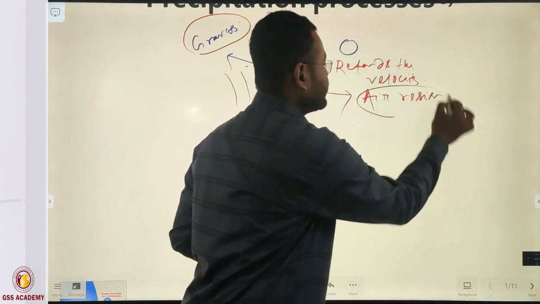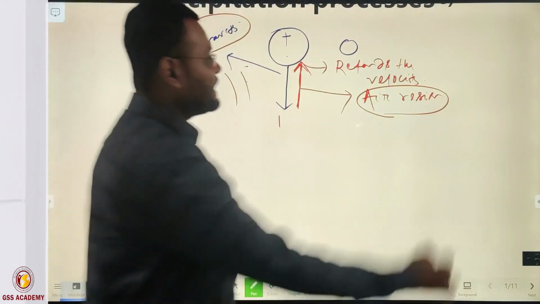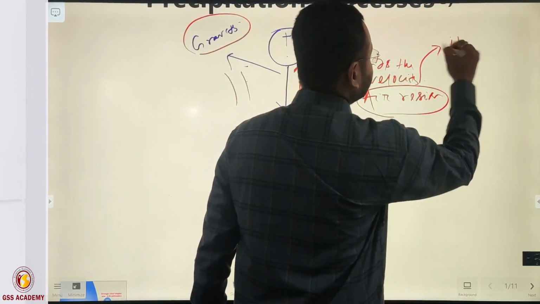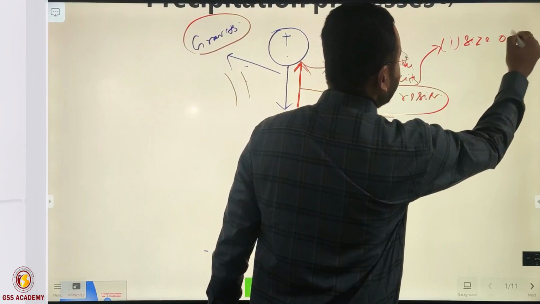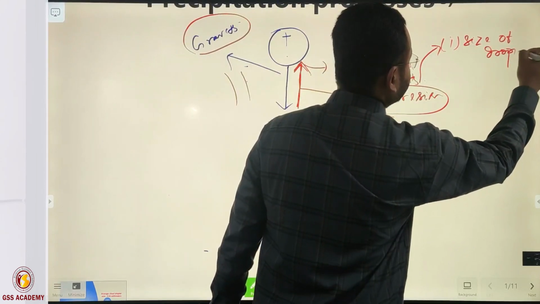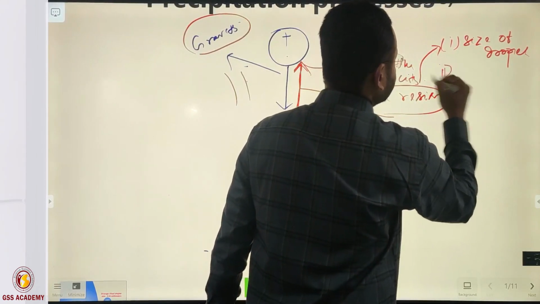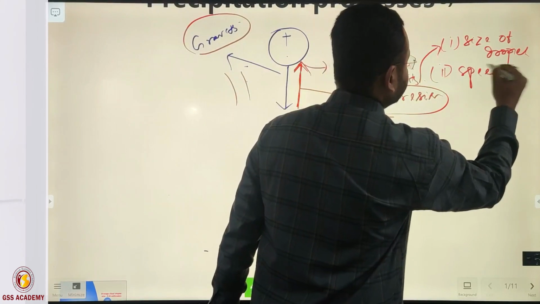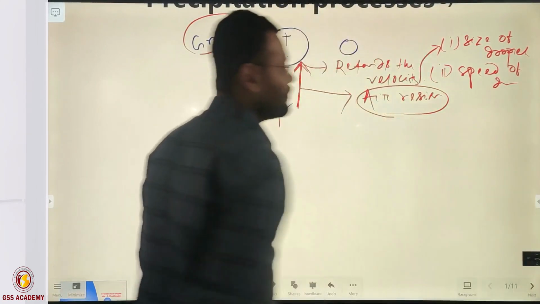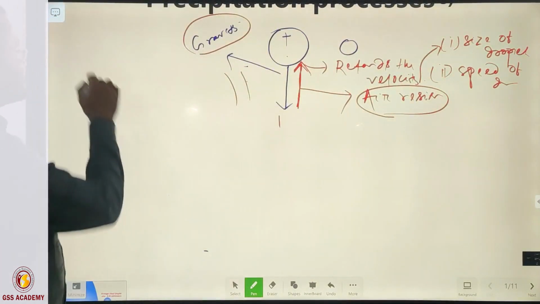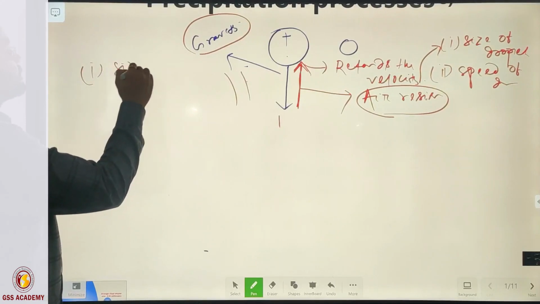And the magnitude of this air resistance is dependent on two factors. First one is the size of the droplet, second one is the speed of the falling droplet.